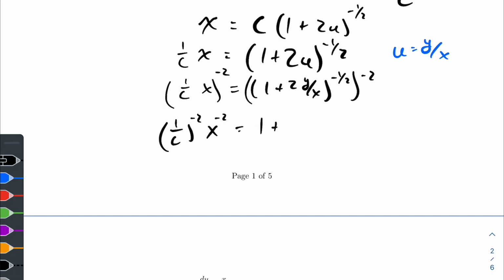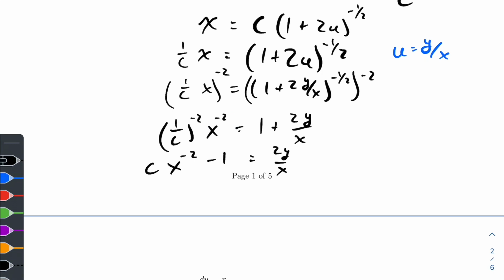And on the right side, I just get 1 plus 2y over x. I'll subtract this 1 over, so we get minus 1 plus 2y over x. And then 1 over c to the negative 2 is the same as c squared, but a constant squared is just a constant. So this right here is just going to be a constant, and I'll keep this x to the negative 2 here.